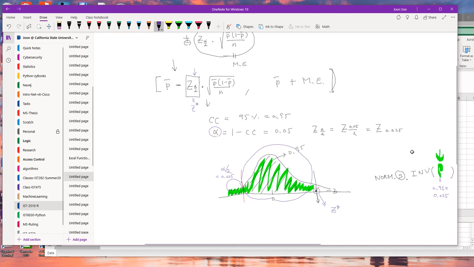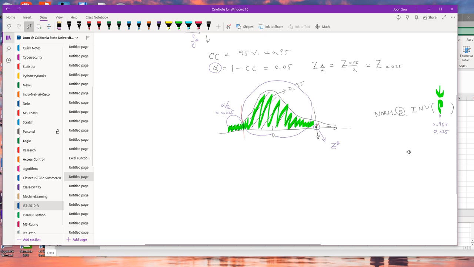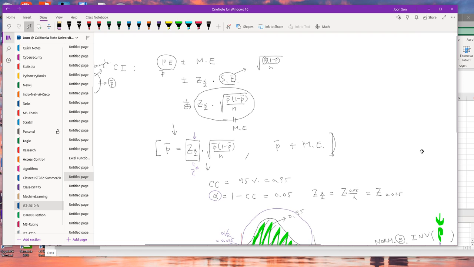So that's how you can use NORM.S.INV. By the way, this is a problem to find the confidence interval for the population proportion.